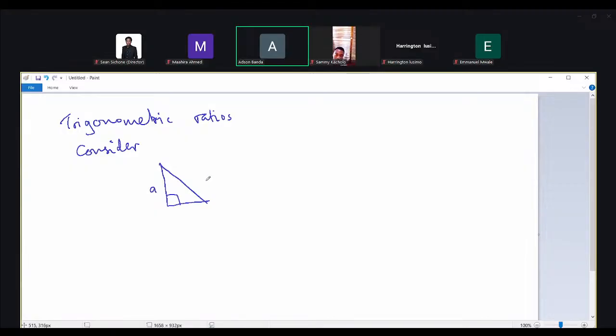Let that side be A, this side be B, and that one be C, and then that angle be theta. So we know the following ratios. We start with what are known as the primary ratios.